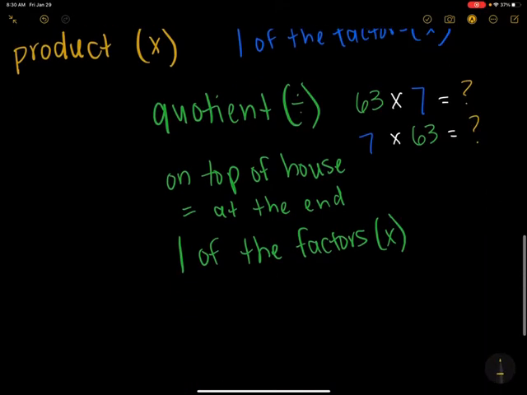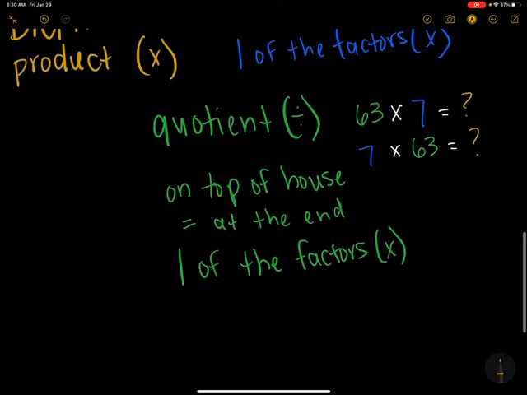So go ahead and take a moment and multiply that to get the dividend. Once you've done that, I will show us. 63 times 7. 3 times 7 is 21. Leave the 1 in the ones place, carry the 2. 6 times 7 is 42.